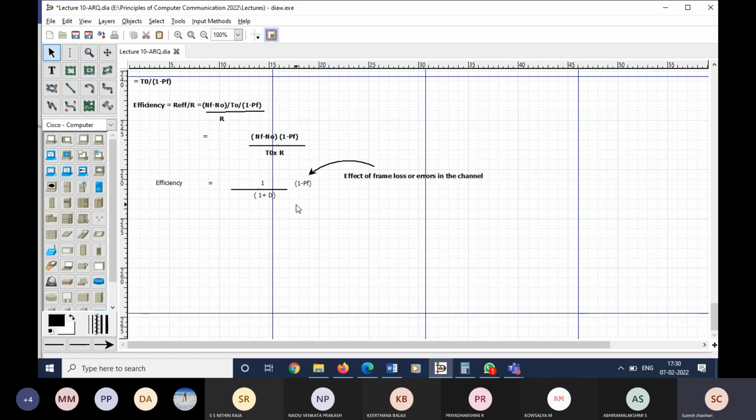One way we can do this is, see, if you look at these formulas, only one factor is giving us some impact in order to improve. That factor is NF, the number of bits in the frame. So I need to increase the number of bits in the frame, correct? And that is not easy for us, right?